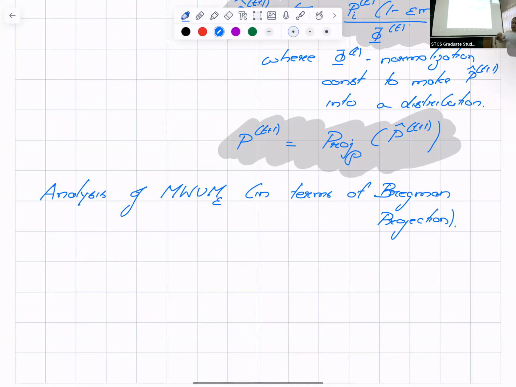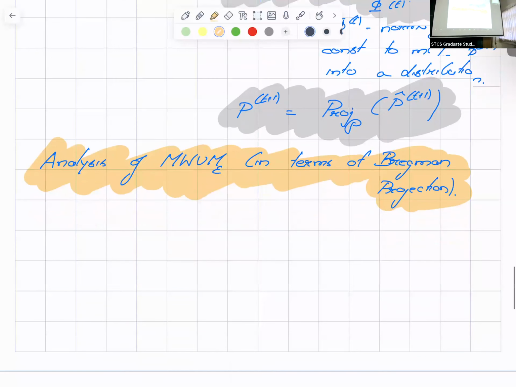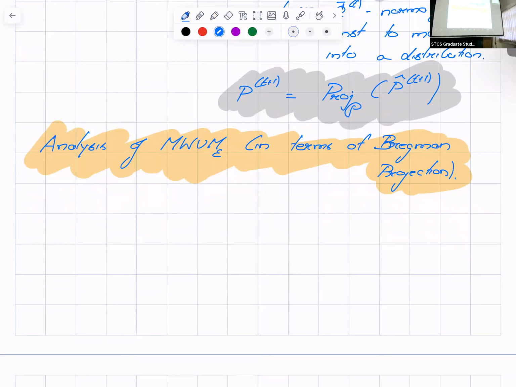So let's analyze the MWA in terms of this particular. So instead of previously, we used phi t as a potential function, if you recall.